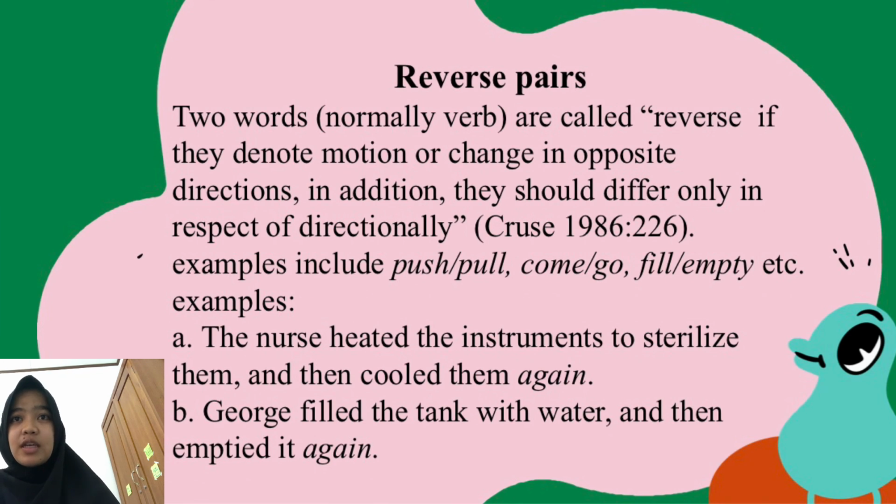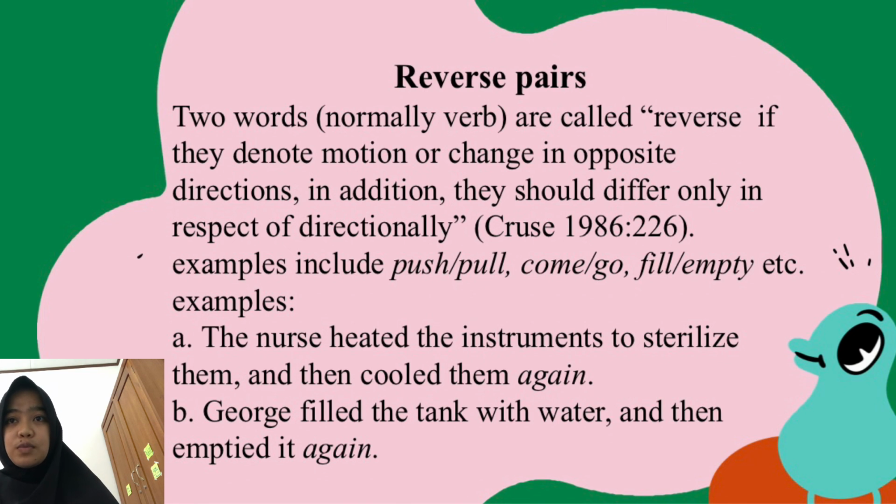Reverse pairs. Two words, normally verbs, are called reverse if they denote motion or change in opposite directions. In addition, they should differ only in respect of directionality (Cruse, 1986, 226).